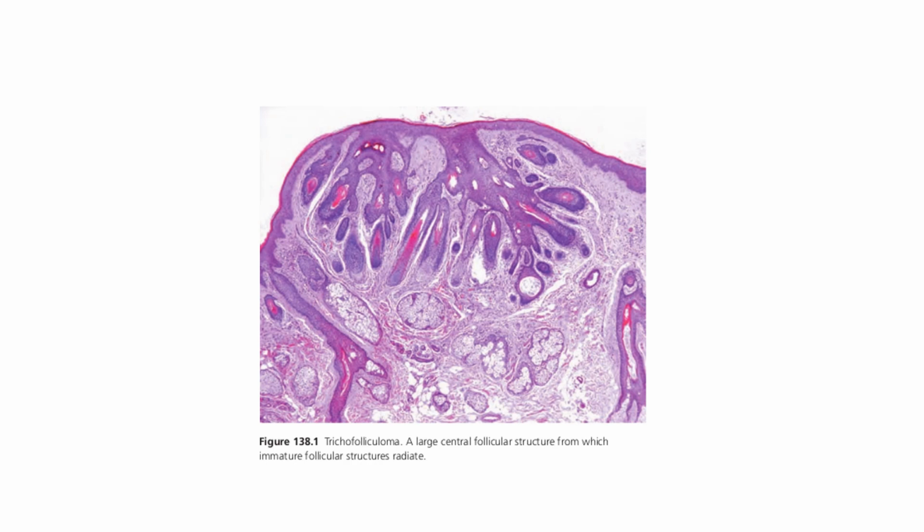Okay, so coming to the next tumor, which again is a hamartoma, trichoepithelioma. The previous one was trichofolliculoma. This is trichoepithelioma. This is also a hamartoma, and it classically presents in a young female.